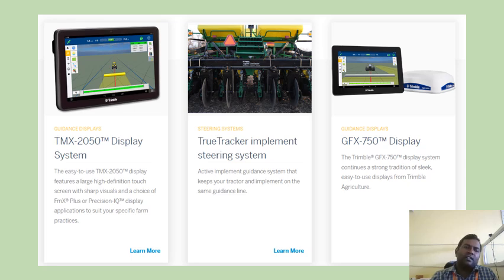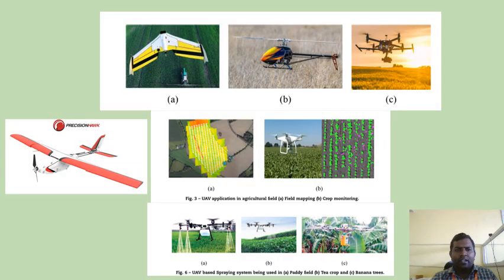So these are the various company GPS systems listed over here. Various implemented systems of carrier-based GPS are given over here, and how the process takes place. The various case studies and reference pictures are depicted over here.